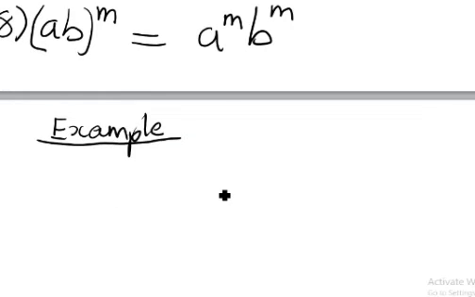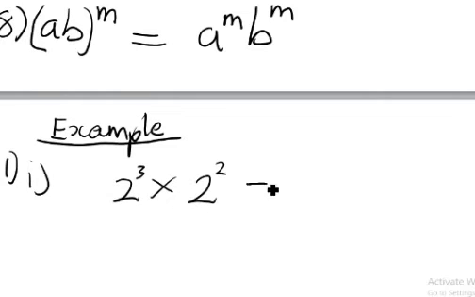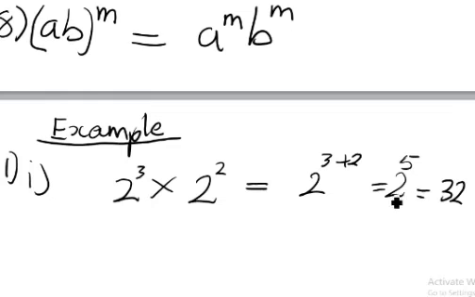For example, if we have 2 raised to power 3 multiplying 2 raised to power 2, this will give you 2 raised to power 3 plus 2, which is equal to 2 raised to power 5, which gives me 32.